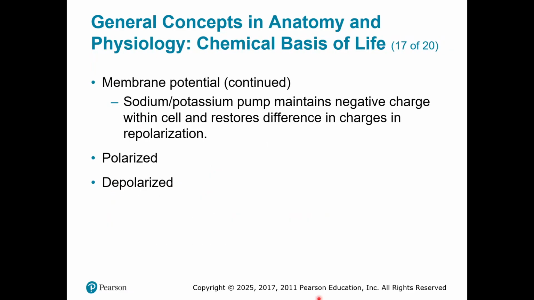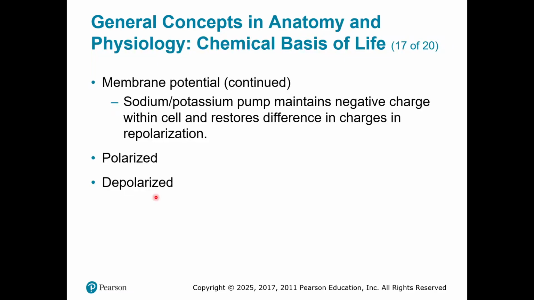We're going to talk about polarized and depolarized and what that means. In this book, I think it says cell polarization is when there's a difference in electrical charges across the membrane. And it talks about depolarization as being when the imbalance reaches a certain point, electrons begin to move across the cell membrane to equalize the charge, and that stimulates adjacent cells.